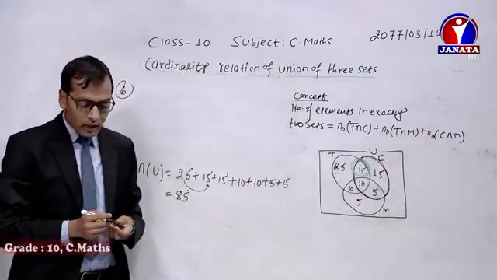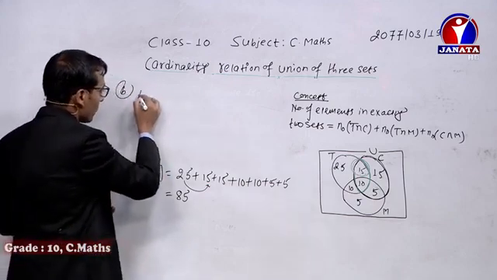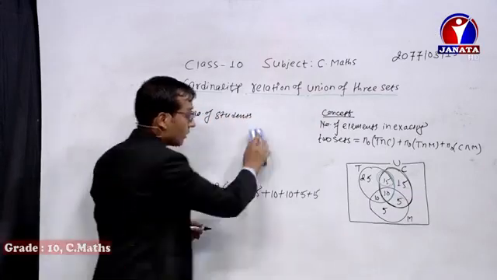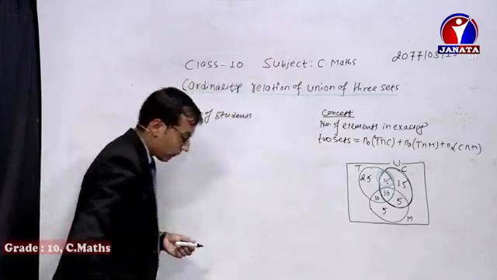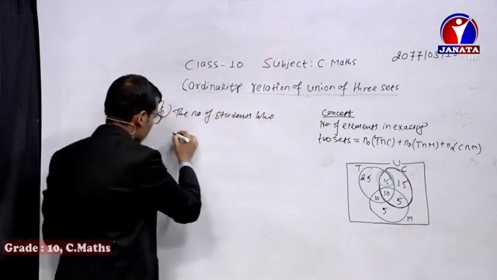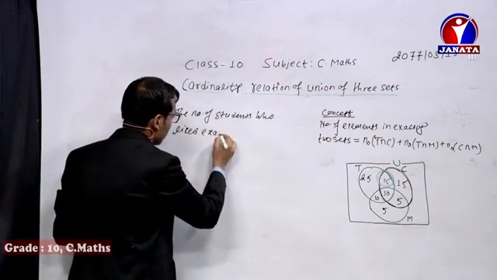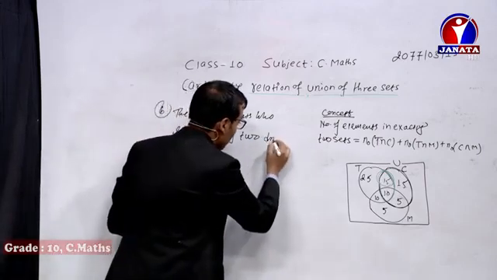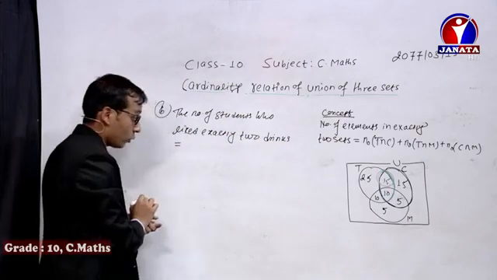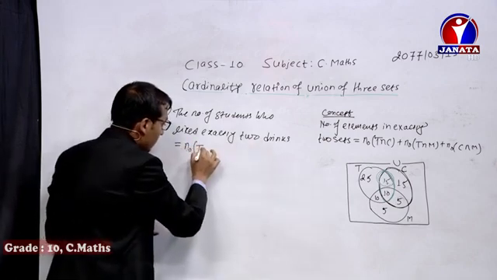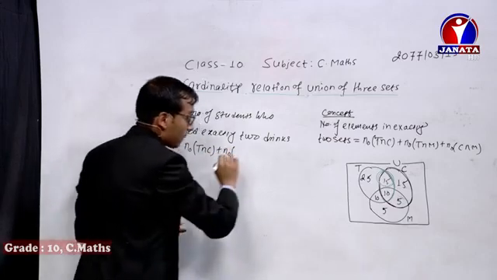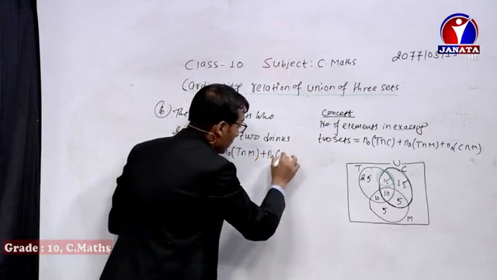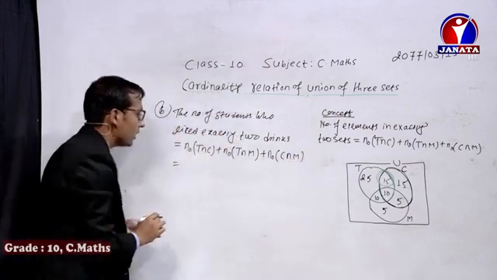So for question number B, how many students liked exactly 2 drinks? So the number of students who liked exactly 2 drinks is equal to, we can add n only T intersection C plus n only T intersection M plus n only C intersection M. So what is n only T intersection C?